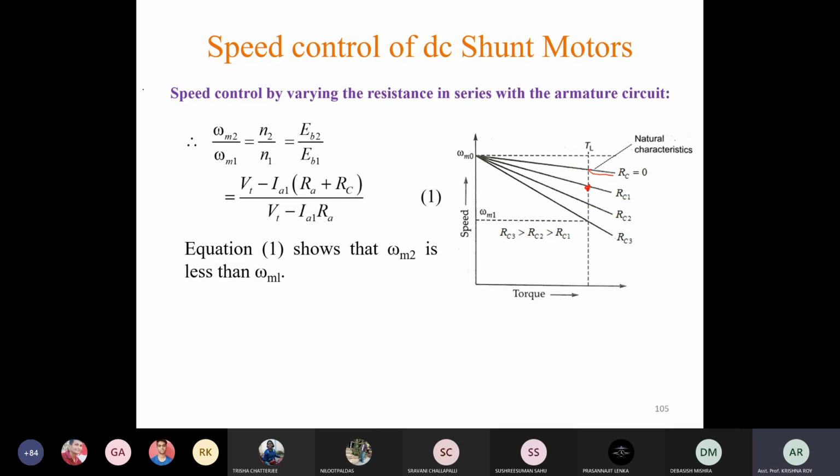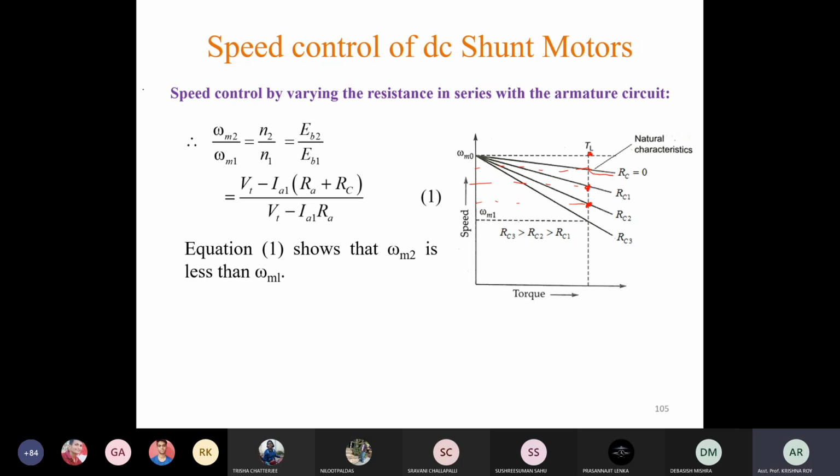If we further increase the value of this external resistance, the speed will further reduce. So for RC2, the stable operating point is this. Corresponding speeds are this and this, and this is the no load speed.